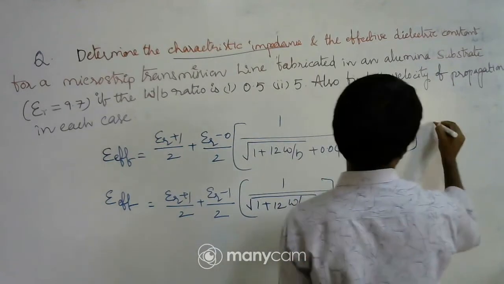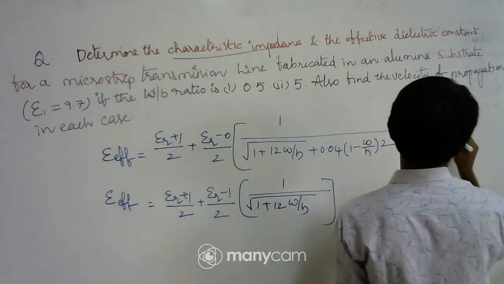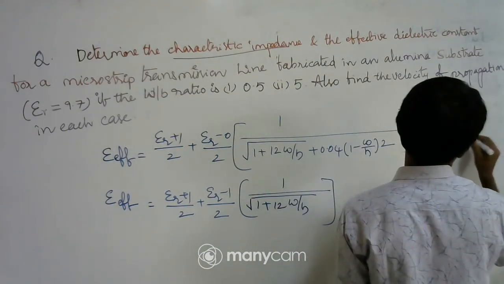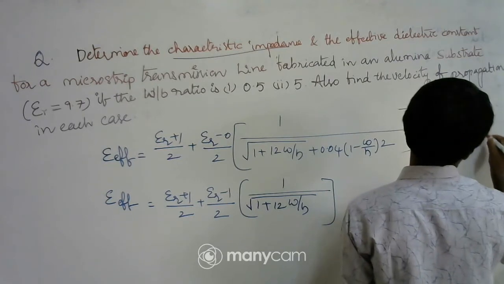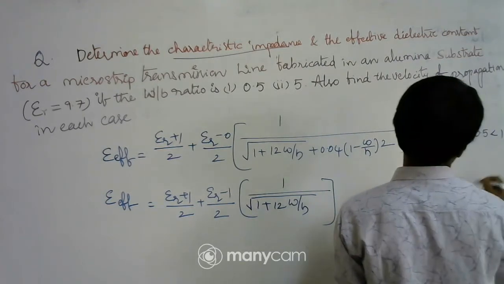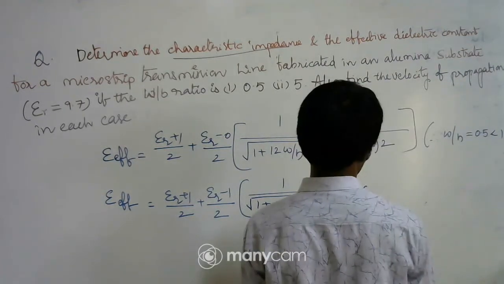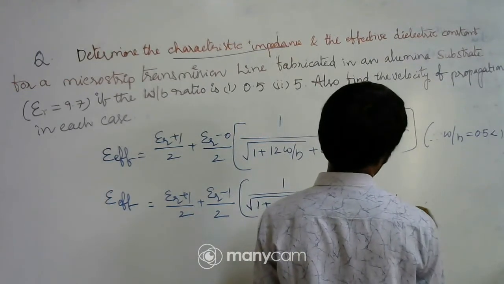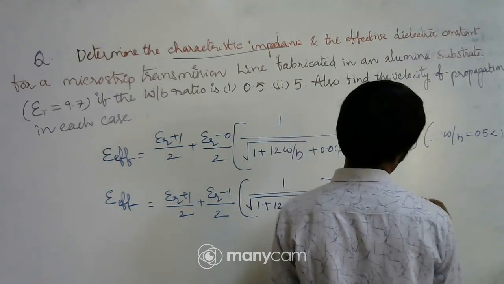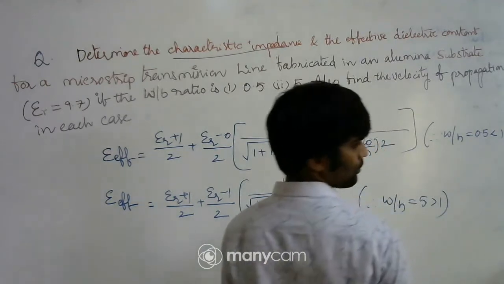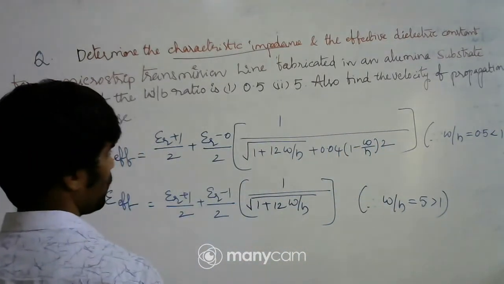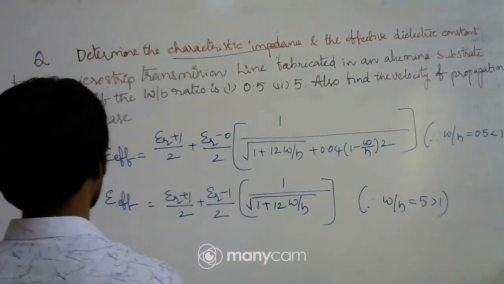This is for W by H equals 0.5, which is less than 1. This is for W by H value equals 5, which is greater than 1. Okay, you need to remember these two.